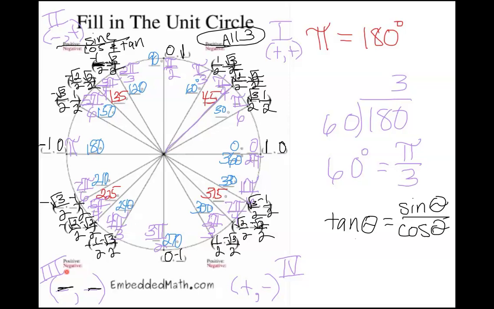Well, both the sine and the cosine are negative. So the negatives are sine and cosine. But now, since the tangent is the sine divided by the cosine, the tangent is positive down here. And then if we get over here to the fourth quadrant, we've got cosine is positive, and then the negatives are sine and tangent.